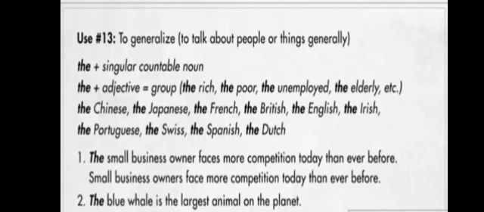The Chinese, the Japanese, the French, the British: it means that with languages you are going to make use of the word the. It is not only the language, rather it is showing the whole nation, like the English, the Britishers, the French, the Japanese, the Chinese. So whenever you are going to talk about people or things generally, over here you will have to make use of the article the.